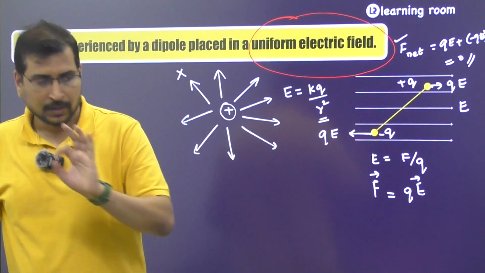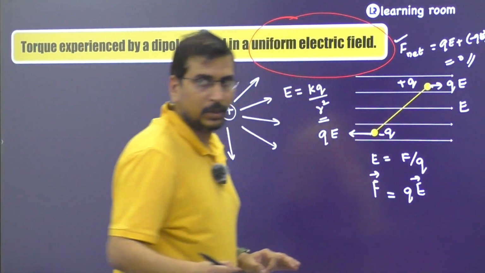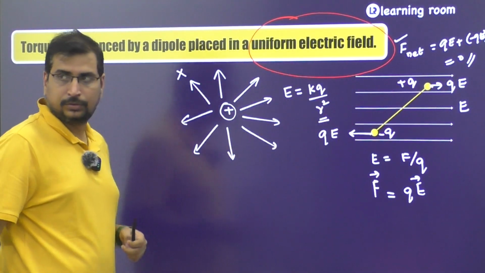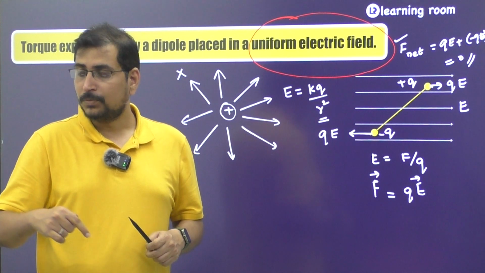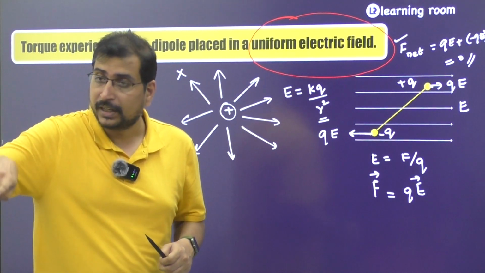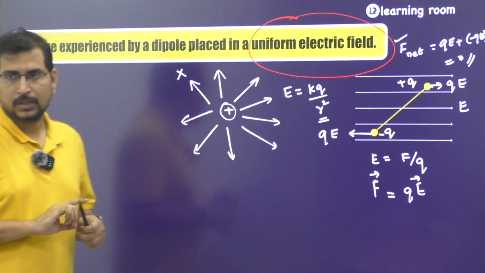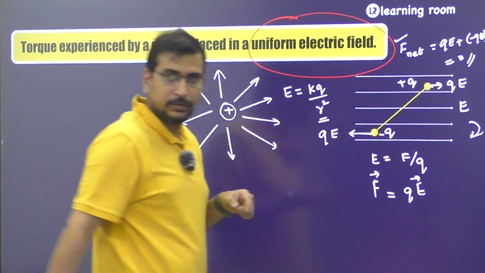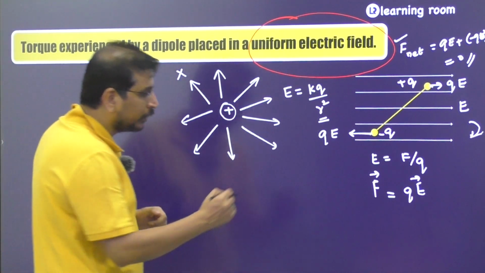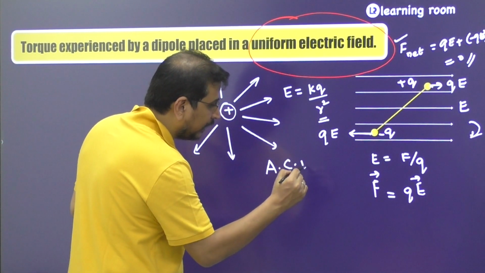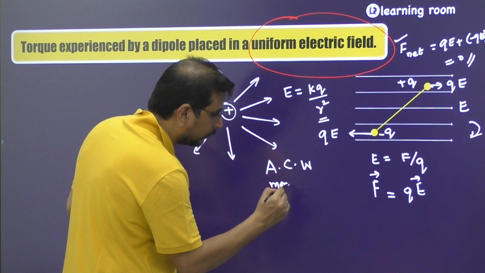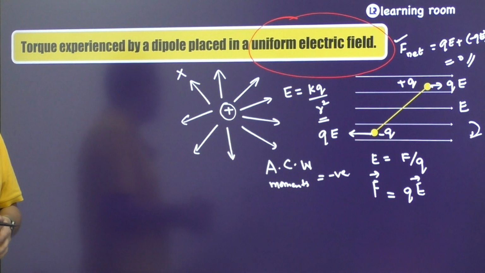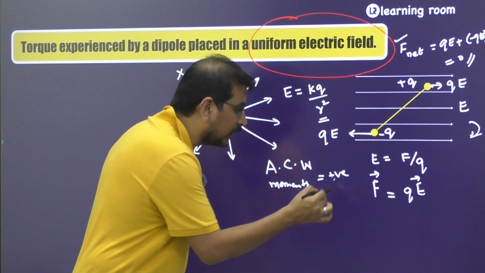This concept is clear. There is a reason why I'm talking about it. Though we have a system of unbalanced forces, still the object need not have a translatory motion, but it can have a rotational motion. And in this case, in which direction is it revolving? Clockwise, right? So one point I want you to register in mind is anti-clockwise moments are positive.